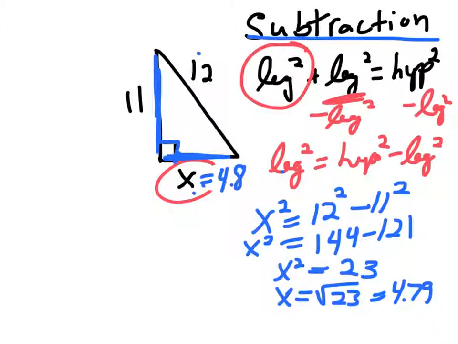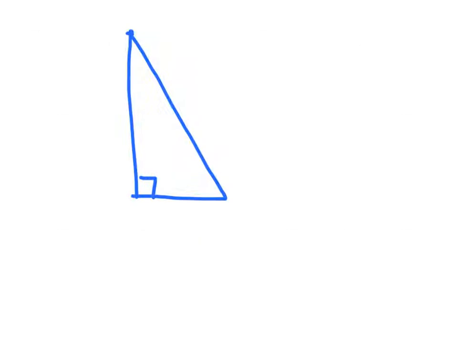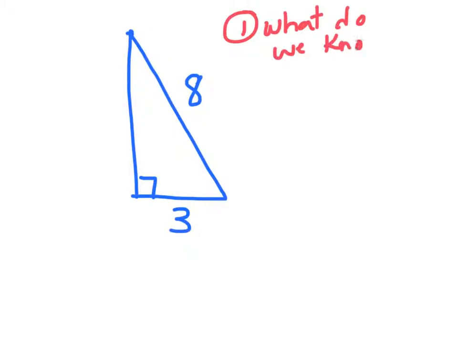So let's try one more. So here's our right triangle, and maybe this side is 8 and this side is 3. So the first thing is to ask ourselves, what do we know? We know the hypotenuse because this is the side opposite the right angle, and we know one of the legs.